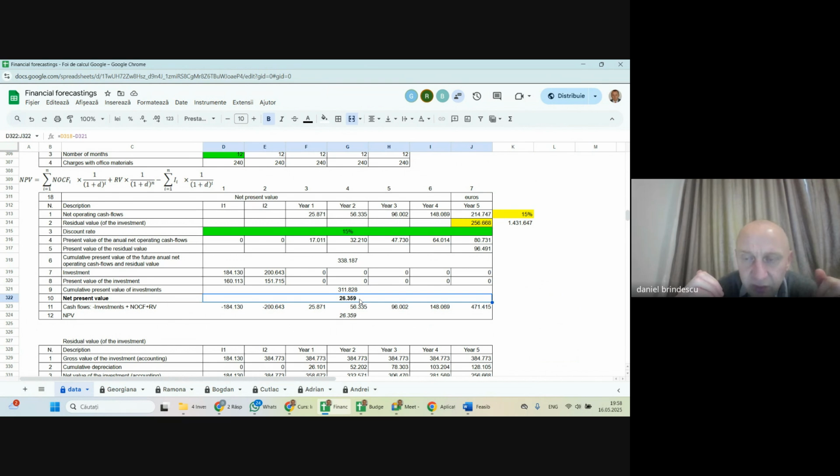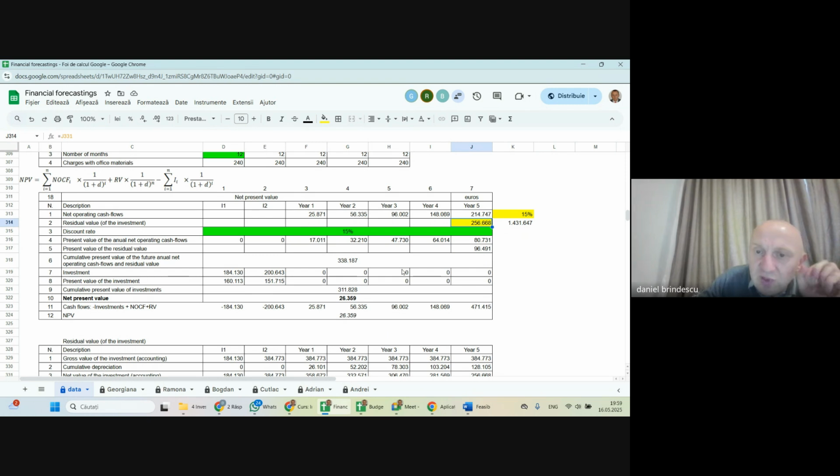I will ask you to define the residual value, the value of the investment at the end of the explicit forecasting period. I will ask you to explain the method through which you have estimated the residual value, either through the capitalization method right here, or as the net accounting value of the components of the investment.